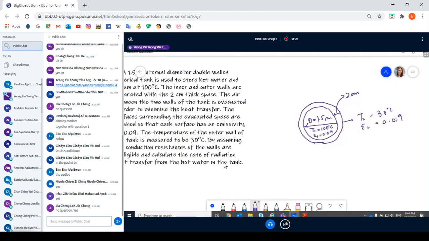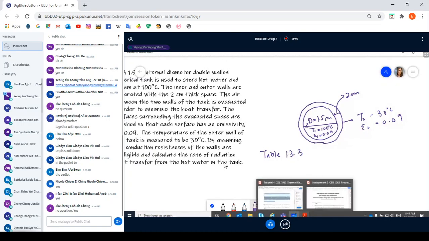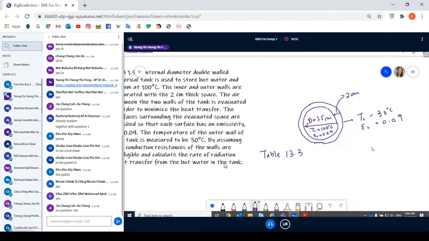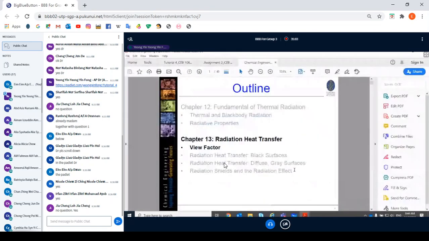So it is radiation transfer between two surfaces. You can refer to Table 13.3 and see what would be the correct equation over here. Can you go to Table 13.3?